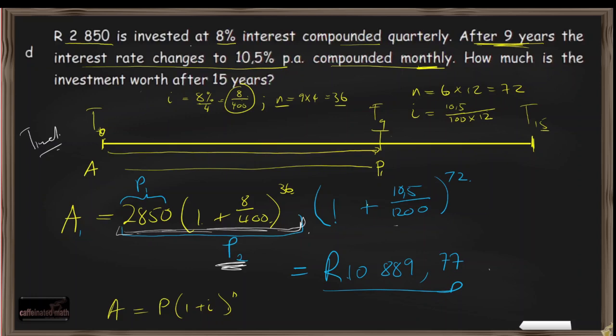We can always split the calculations where we do this one first and then we take the answer and multiply it with that factor over there. Either is acceptable. This though is more efficient with enough practice.